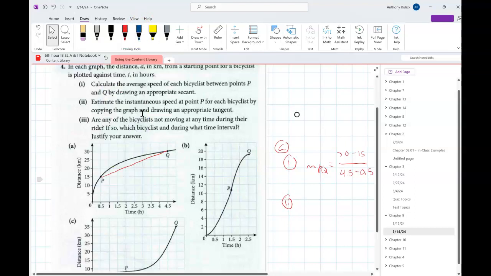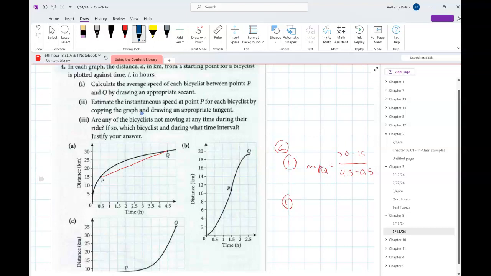Part 2 says, estimate the instantaneous speed at point P for each bicyclist by copying the graph and drawing an appropriate tangent. So again, what I'm going to do is draw in a tangent line.